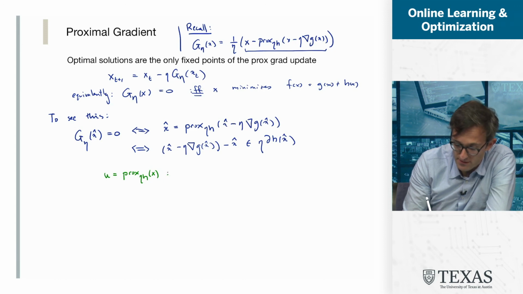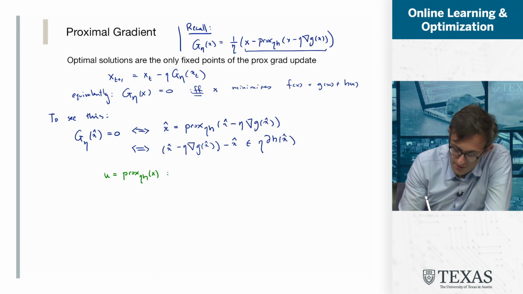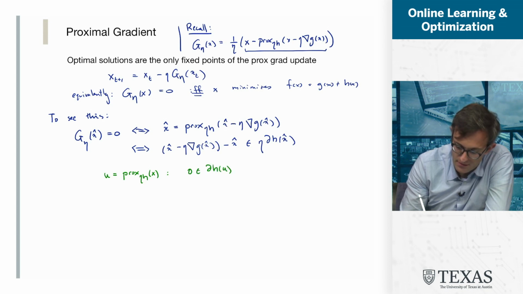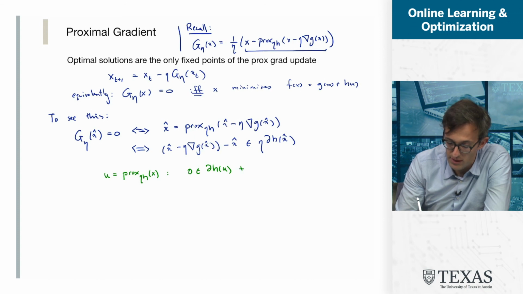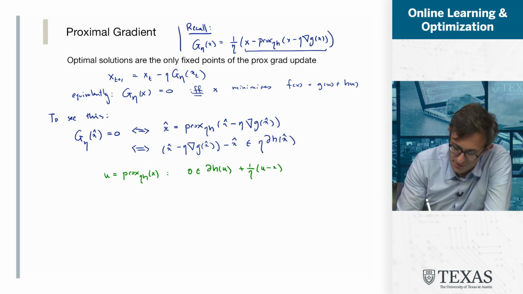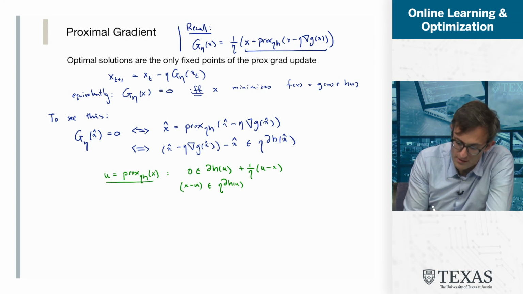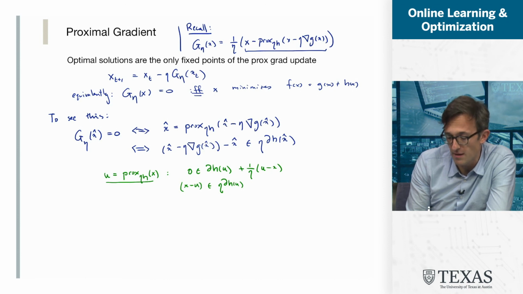Well, this means that u solves, means that 0 is in the subdifferential of h plus 1 over eta times u minus x. Bringing this over to the left, this was equivalent to writing that x minus u is an element of eta times the subdifferential of h of u. So u equal to prox of x is equivalent to x minus u being in eta times the subdifferential of h evaluated at u. And this is exactly what I have.